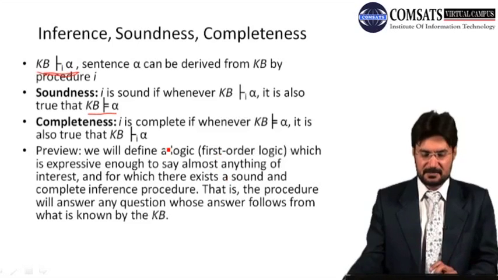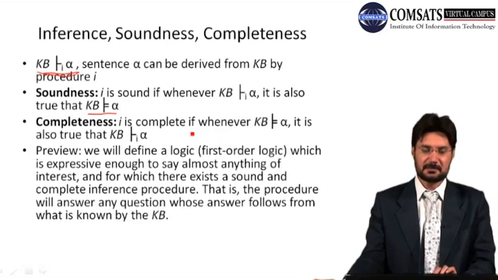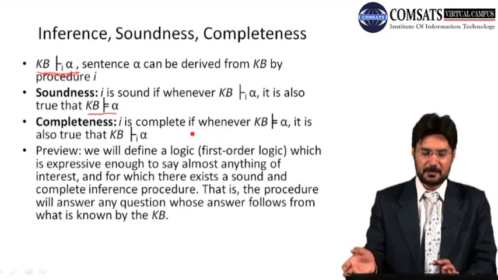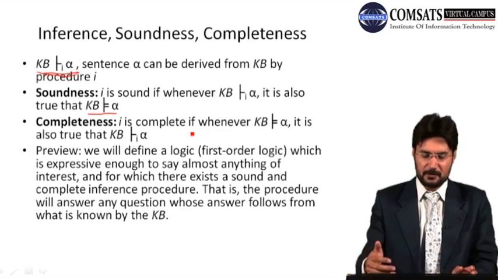So completeness in this case, how will it be complete? I is complete if whenever the knowledge base entails alpha, it is also true that the knowledge base entails I alpha, the ith procedure. So we also say that it is complete because in a vice versa situation, both are working.